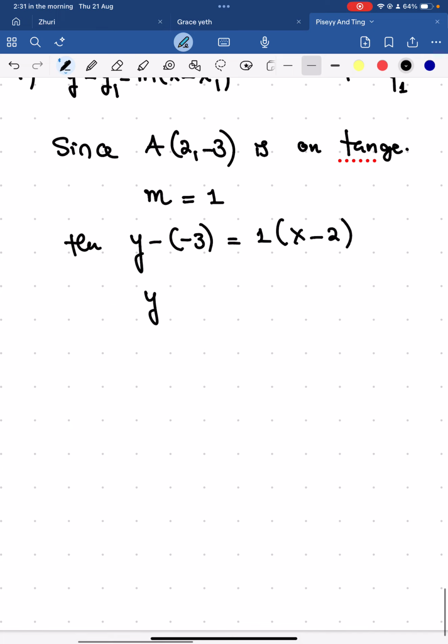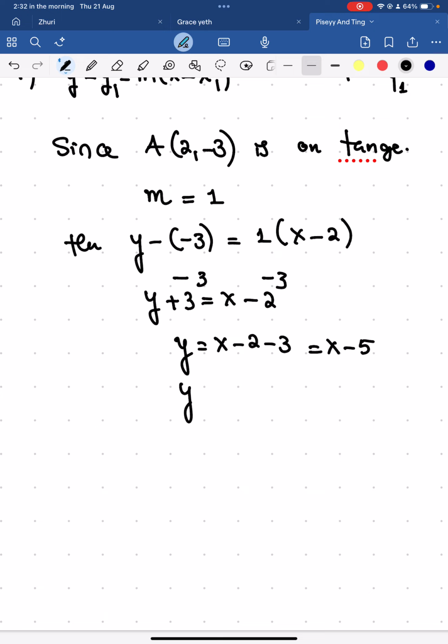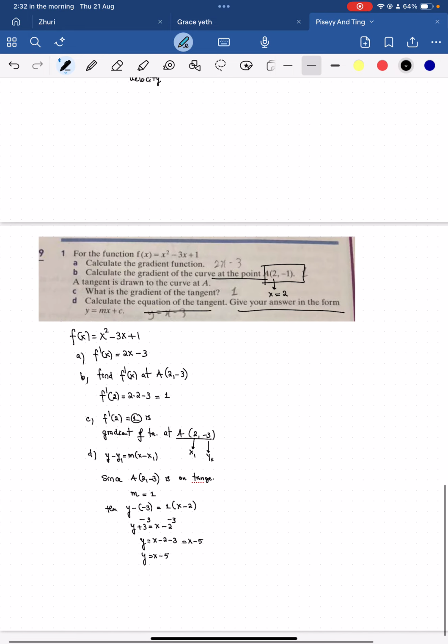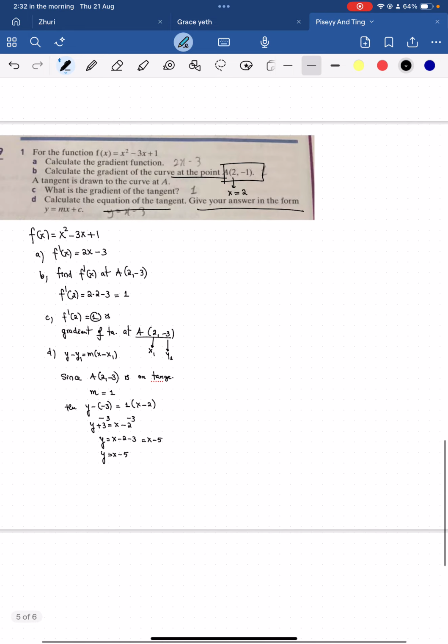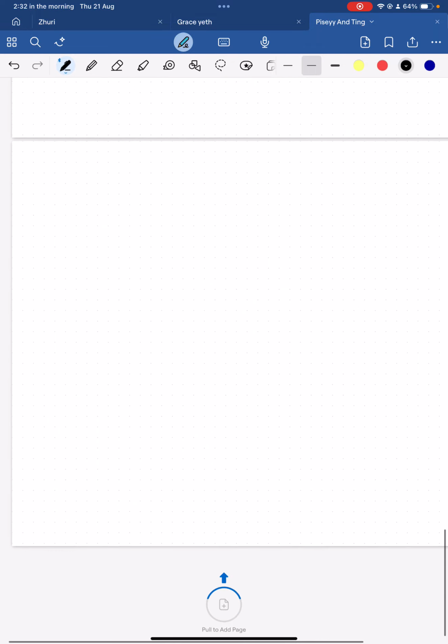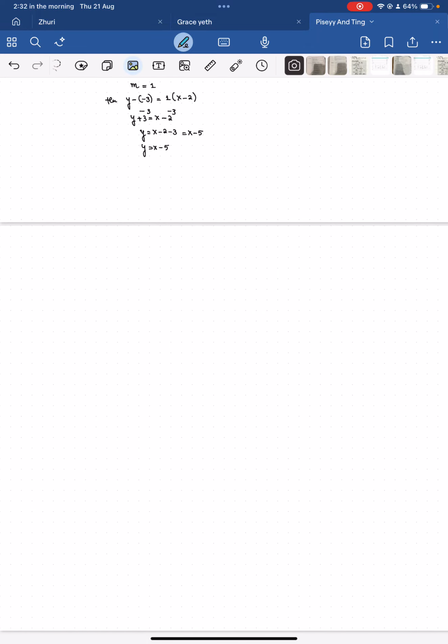So it's going to be y plus 3 equal to x minus 2, and y equal to x minus 2 minus 3. We eliminate this by subtracting 3 from both sides. It's going to be y equals x minus 5. That's it. Okay, I think that's all for this paper.